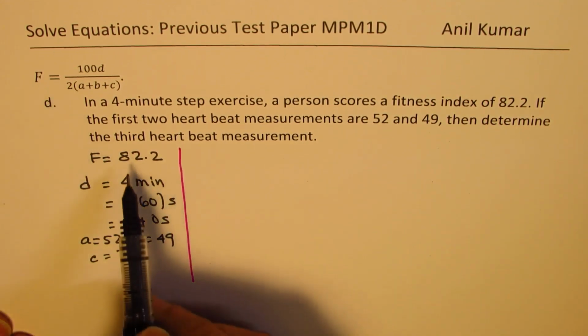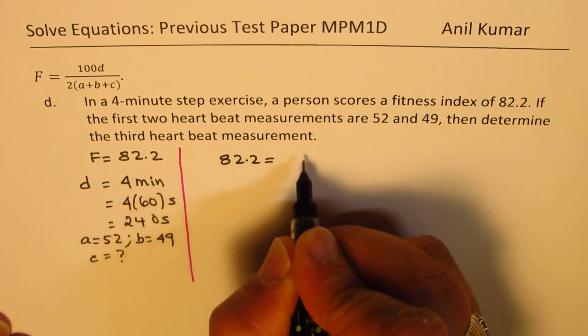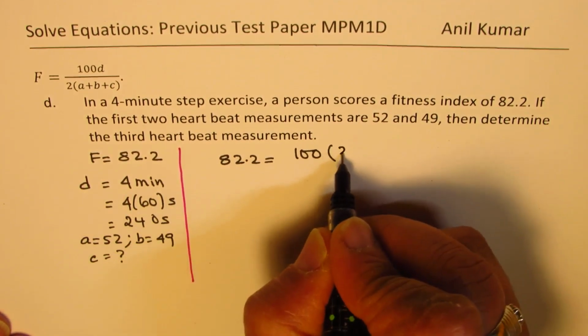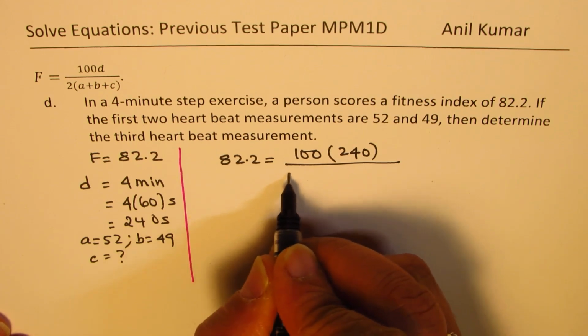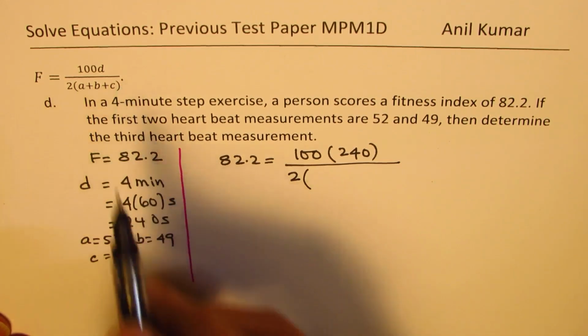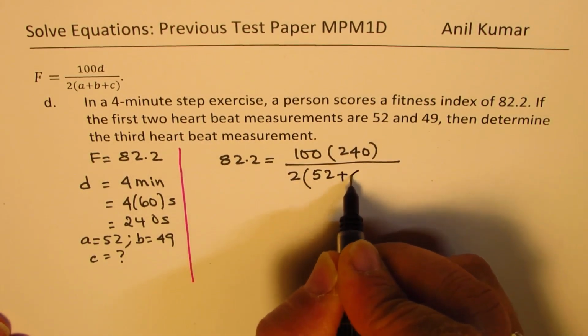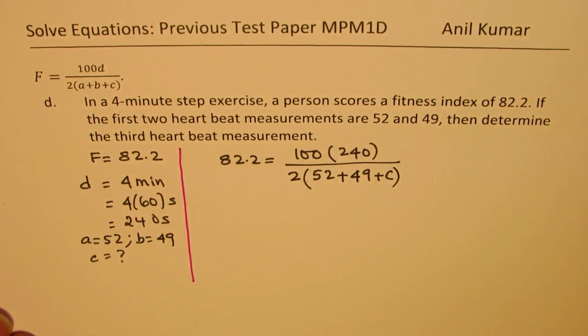Well, let's substitute these values. So we get 82.2 equals 100 times the value of D in seconds, you have to write 240, divided by 2 times A plus B plus C. Now A is 52 plus 49 plus C, right? C we need to find.